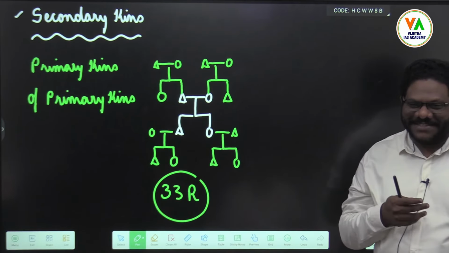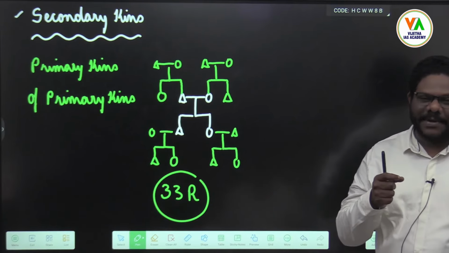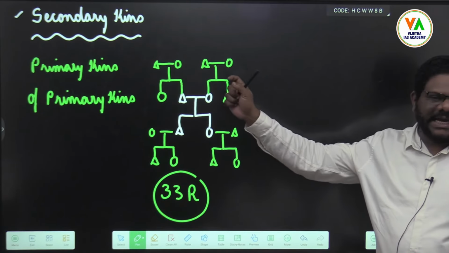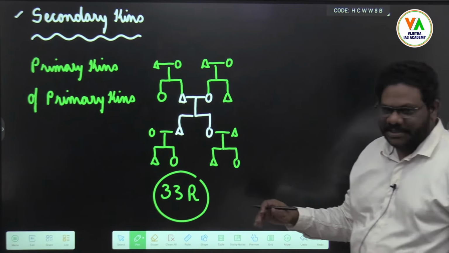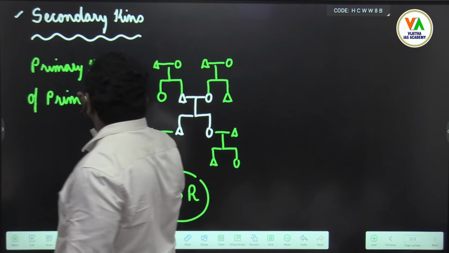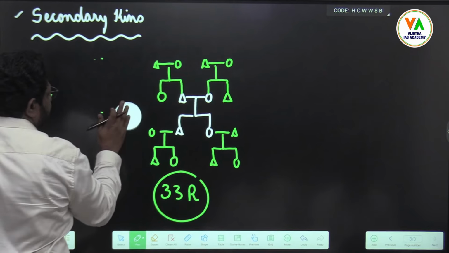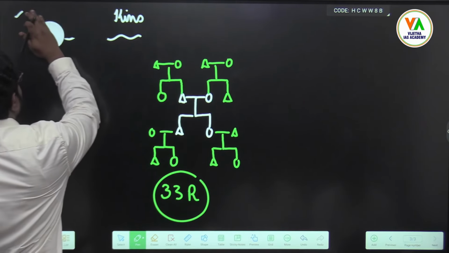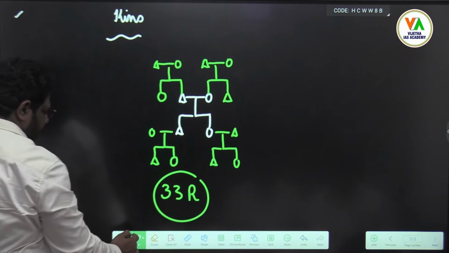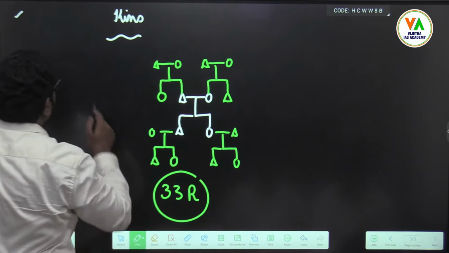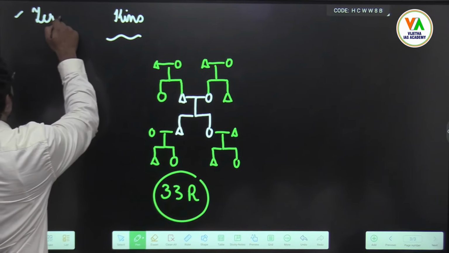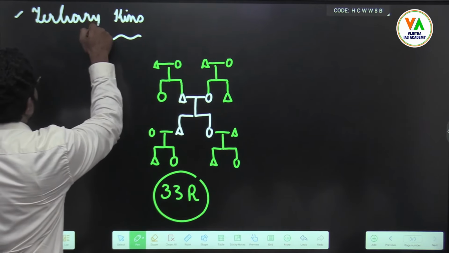Tell me in words. Very good. Excellent. Primary kins of secondary kins are your tertiary kins. So please write tertiary kins.